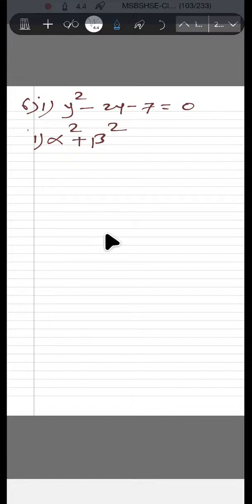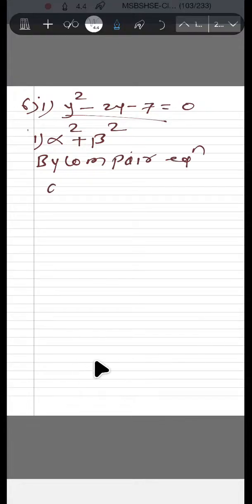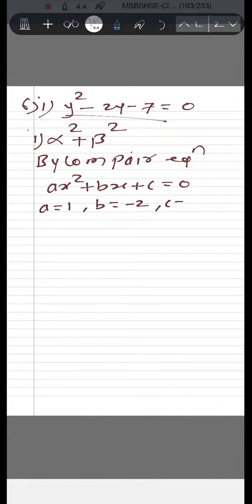See students, first here we are going to find the values of alpha and beta. So by comparing the equation to ax square plus bx plus c is equal to 0, a is equal to 1, b is equal to minus 2, and c is equal to minus 7.